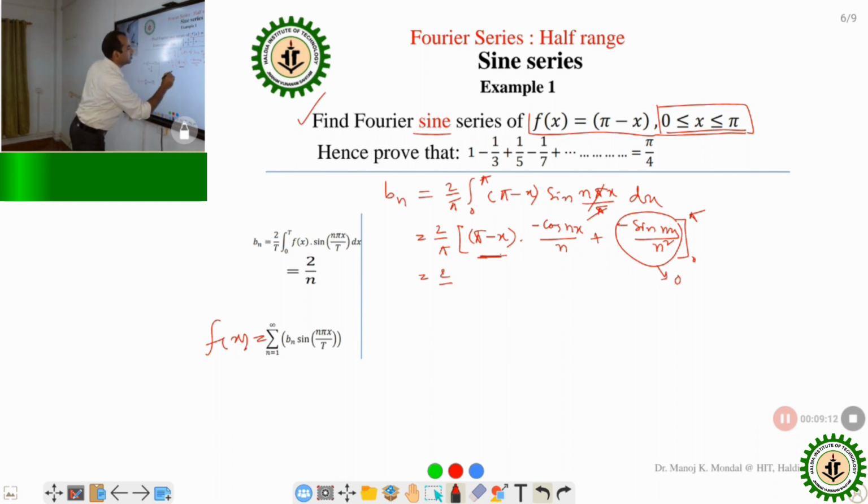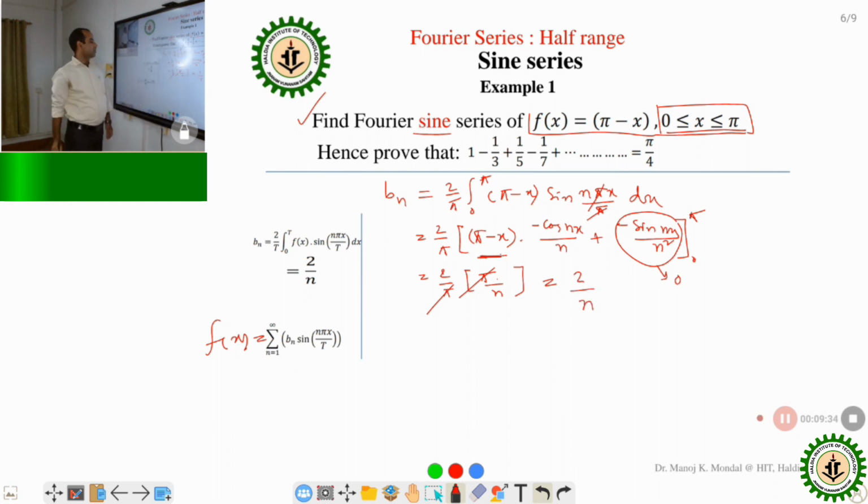That means 2 by pi, for x equal to 0, it will be pi into 1 by n. So pi cancels, and it will be 2 by n. That will be the value of bn. So now we can easily find the value of bn.